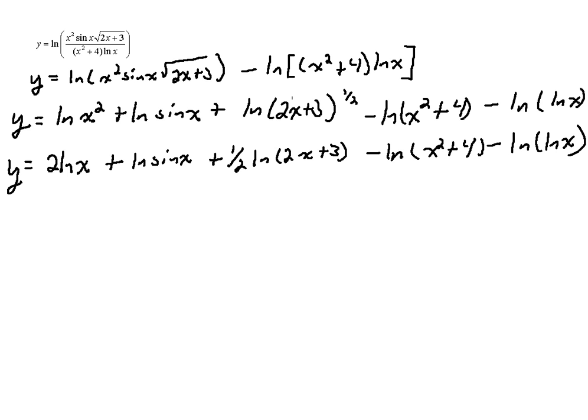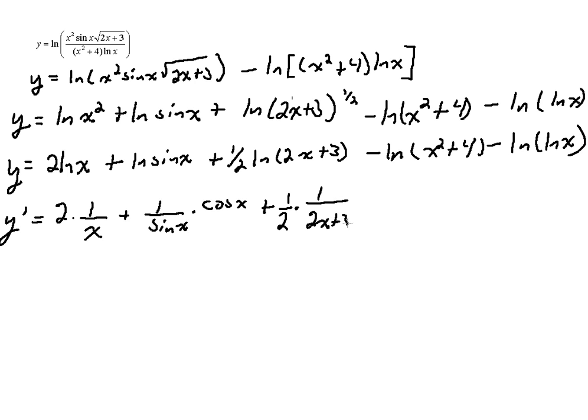So we have y prime equals 2 as a constant times 1 over x, the derivative of ln of x. The derivative of the ln of the sine of x is 1 over the argument, which is 1 over the sine of x, times the derivative of the argument, which is the cosine of x. And then plus 1/2, because that's a constant, times 1 over the argument, which is 2x plus 3, times the derivative of the argument, which is 2.